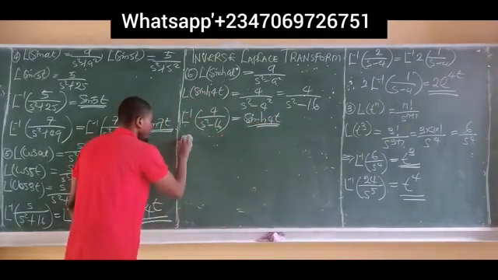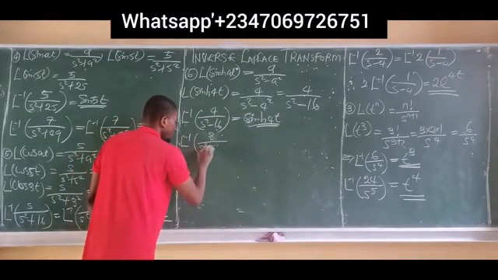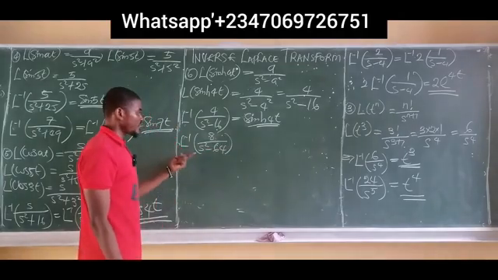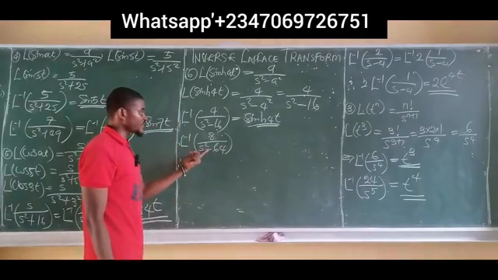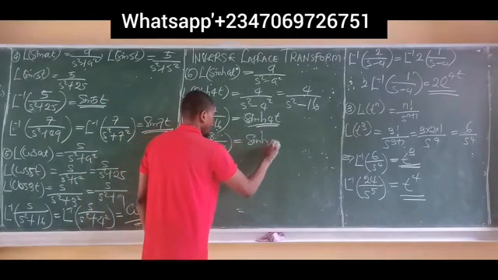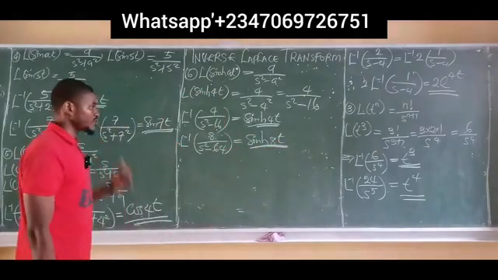Similarly, if I'm asked to find the Laplace inverse of 8 over s squared minus 64, since I'm seeing a negative sign here, I should know that this is sinh 8t, and not sin. This is sinh 8t.